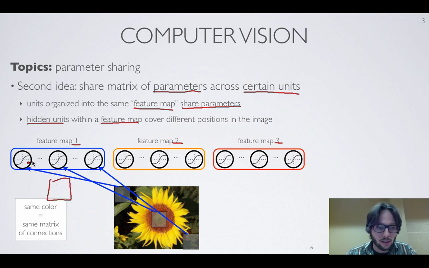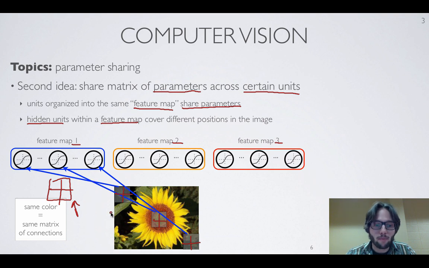For instance, imagine there were 2 by 2 pixels in the receptive field; then this hidden unit would require a 2 by 2 matrix specifying the connection between it and each of the pixels within the receptive field. And this other hidden unit, connected with that receptive field, which to simplify things would also be 2 by 2, would use the same matrix of weighted connections to compute its pre-activation. And similarly for that hidden unit.